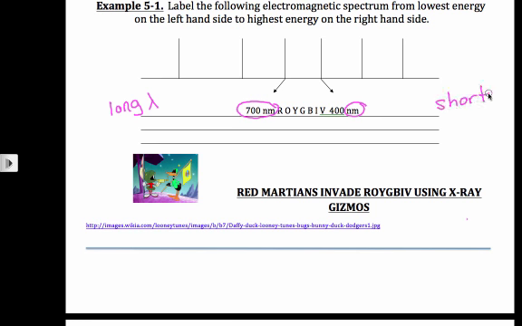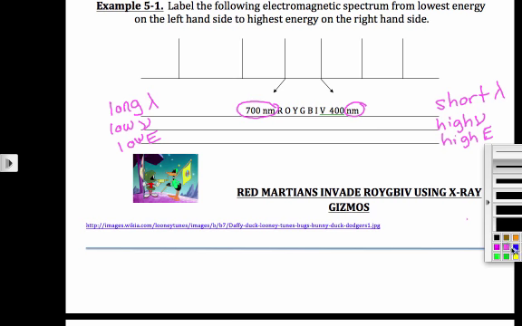We use long and short for wavelength. Now, we'll see that frequency is the opposite. So this is low frequency, and this is high frequency. And this is low energy, and this is high energy.